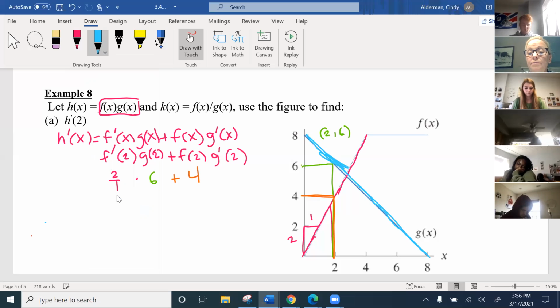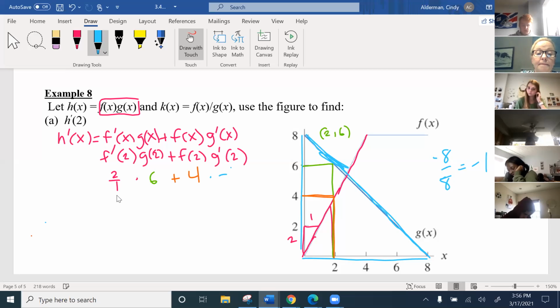But at this particular point here, it's going to be, let's see, rise -8, run +8, so that would be -1. So what is this? 12 plus -4 equals +8.